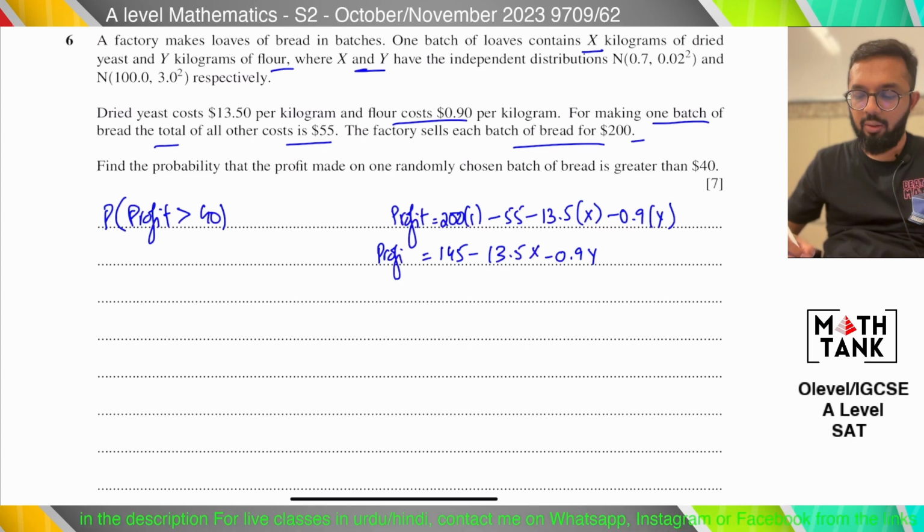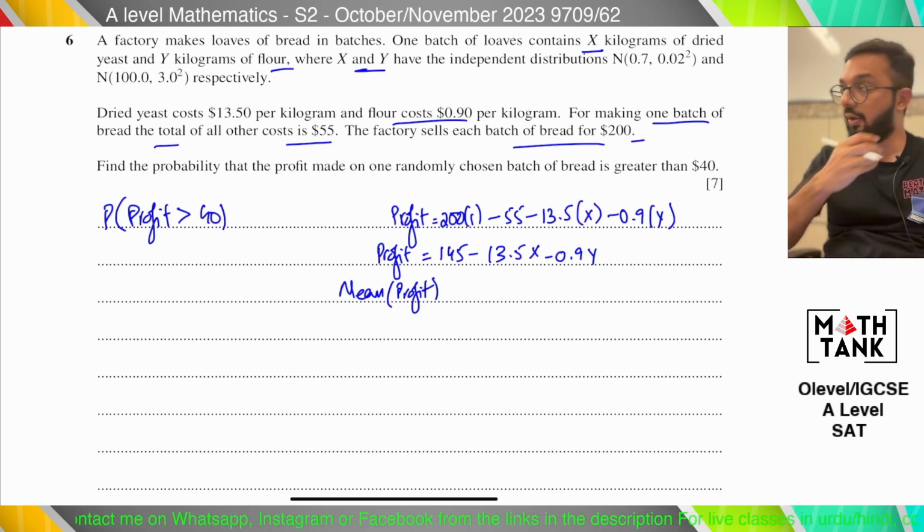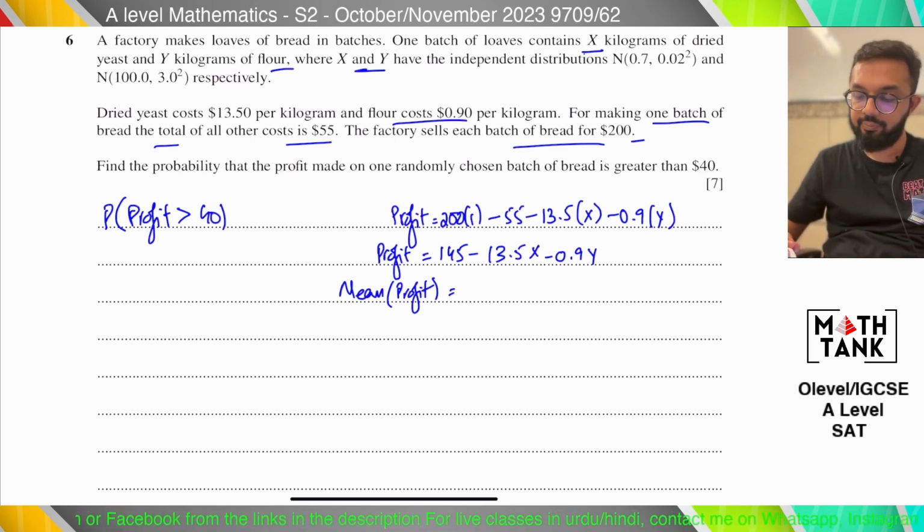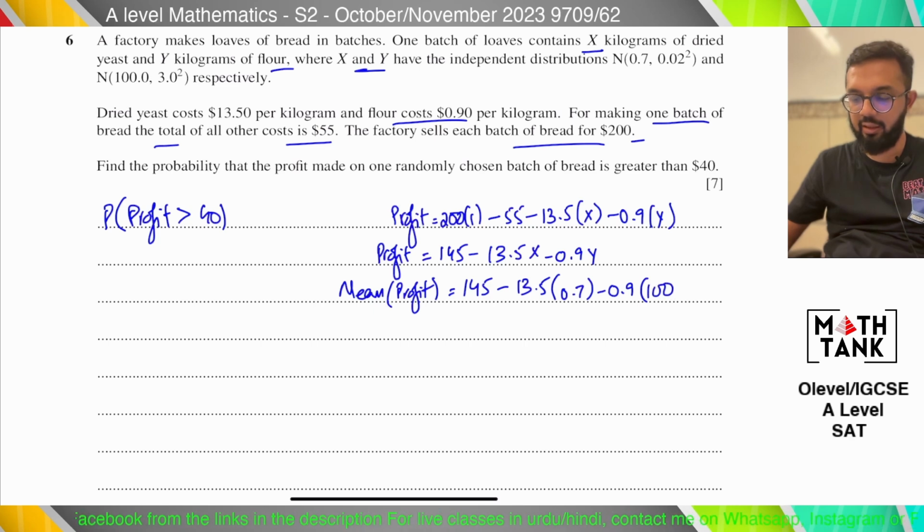Now, what is the mean of this profit? Whenever something is added or subtracted from the mean, it's, so 145 is going to be part of the mean profit as well. And then I'm going to subtract the mean of x times 13.5 and the mean of y times 0.9.